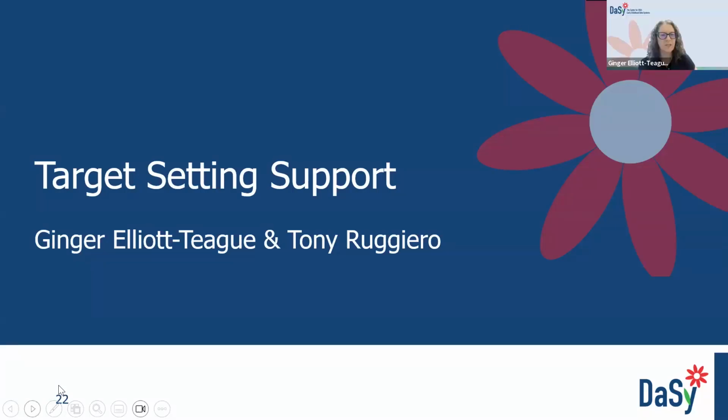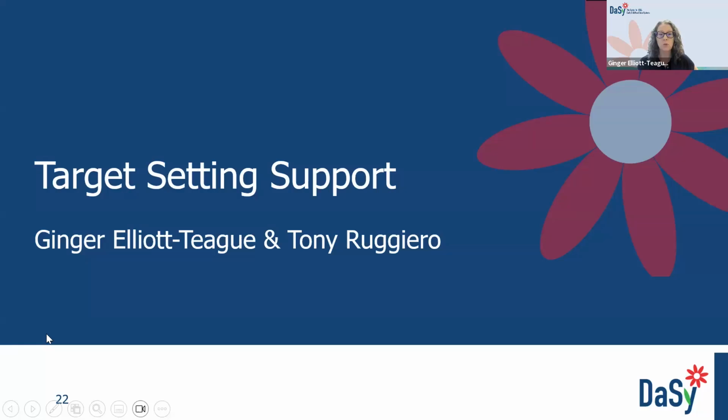Thank you, Jenna. So you've heard a lot about different types of TA DaSy can provide, some of which you can use on your own through a toolkit or with support, some of which consists of more intensive TA. And somewhere in the middle, DaSy can support states with specific areas of need that tend to be a little bit more short-term, related to data collection, reporting, and use.